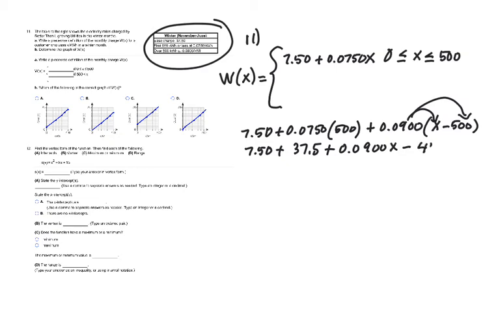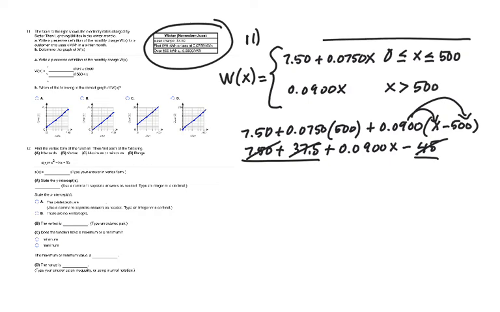Okay, so we'll get minus 45. Okay, and so here we'll just combine our like terms. We have 7.50 plus 37.50 minus 45. That gives us 0. So this cancels, and we're left with 0.0900x for anything greater than 500 kilowatt hours. Okay, so here's our piecewise function for that one.